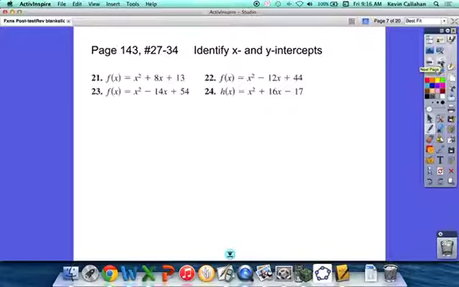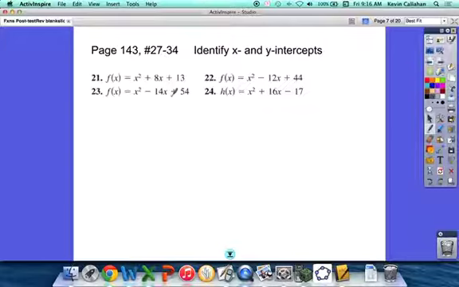Okay, you'll be given a function, I believe a quadratic, and asked for what are the x-intercepts and the y-intercepts. There are actually 4 sets of points that you have to figure out. If it's a quadratic function like this, how do you find the y-intercept?